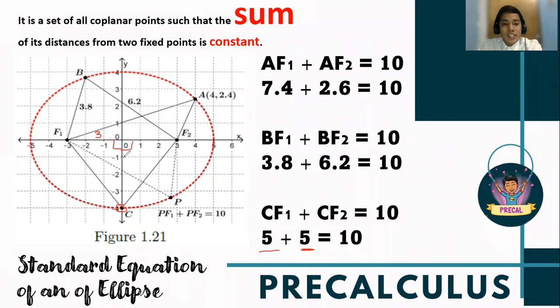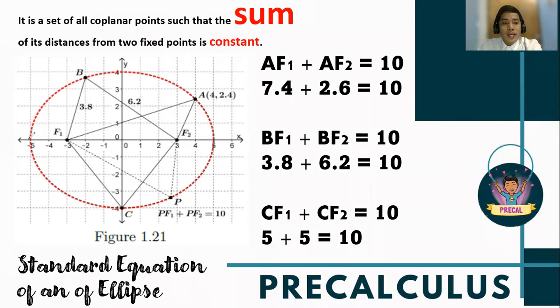This is 3 units and this is 4 units. Remember the Pythagorean triple 3, 4, 5, therefore the hypotenuse is 5 because 3 squared plus 4 squared is equal to 5 squared. So from F1 to C is 5 units, and from F2 to C is also 5 units. CF1 is 5 and CF2 is 5, and still we got a sum of 10.